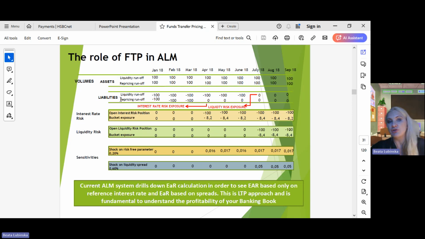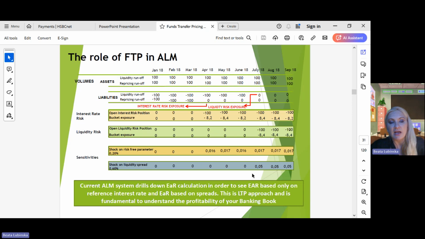Or you have the balance sheet with growth, when you also assume new business production. So this situation is runoff, so it's maturing. We are not showing any replacement of this position. This is why you see zeros here. But we want to understand what the risk is which this position is driving for your balance sheet and for your P&L.